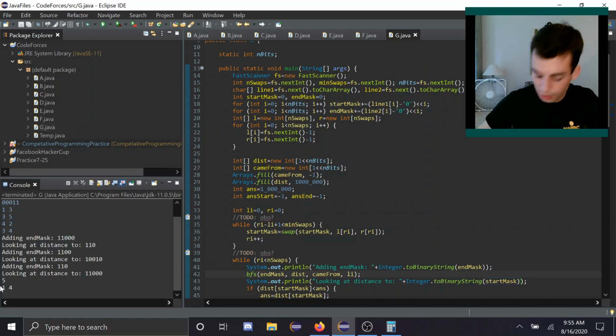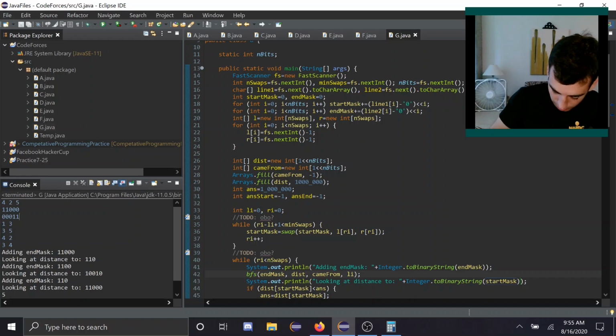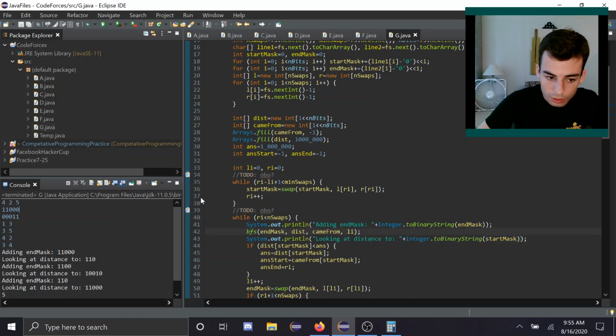Let's do this on paper, see if this is even right. Initially, it is 1, 1, 0, 0, 0 is the end, and the start is 0, 0, 0, 1, 1. We need to include at least two things.